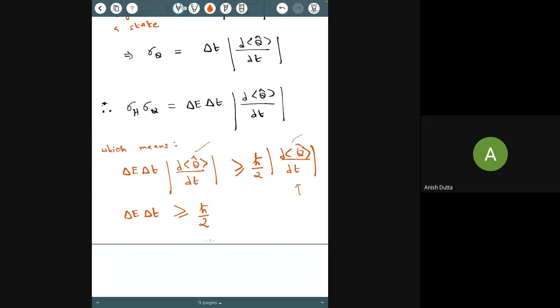So we're sort of reinforcing the fact that energy is a more fundamental property than other properties. That is what we are finally arriving at, because Q is getting cancelled from the inequality.